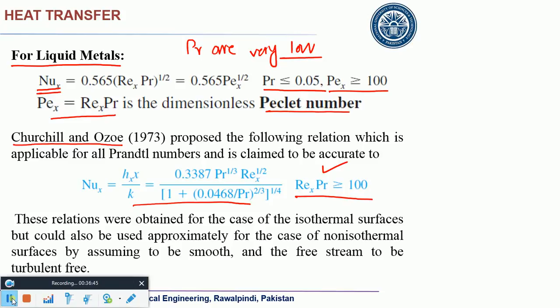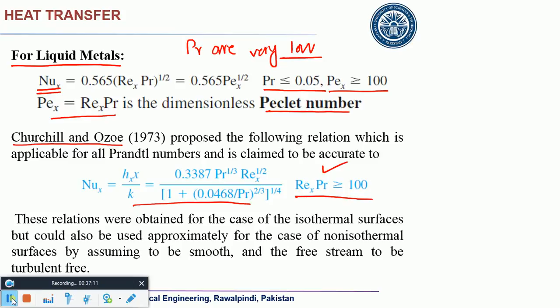Okay, you would see those kinds of discussions in your numerical methods course. But my point is, you should understand this, and you can see there are a number of relations which are available to you through research papers, through those textbooks. You may find different relationships if you go to the book by Incropera. But my point is, you should use this one.